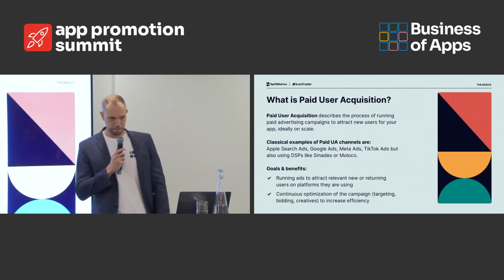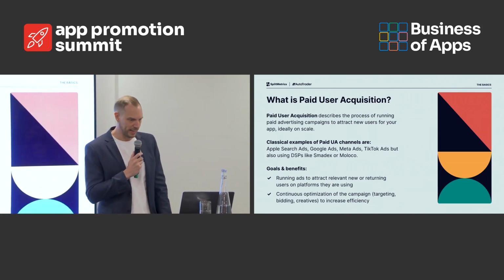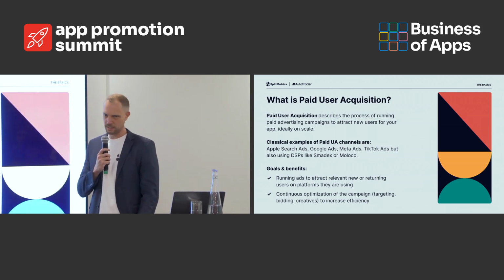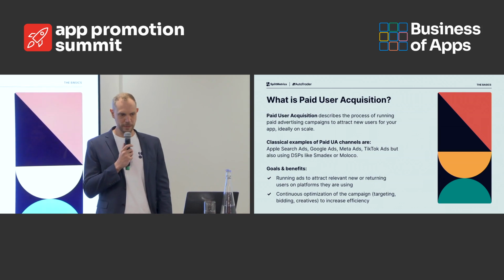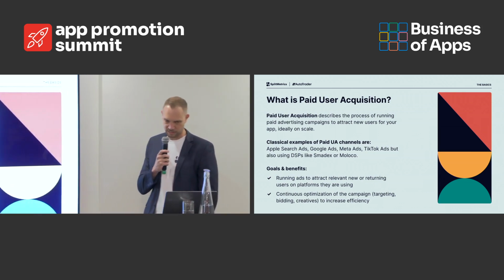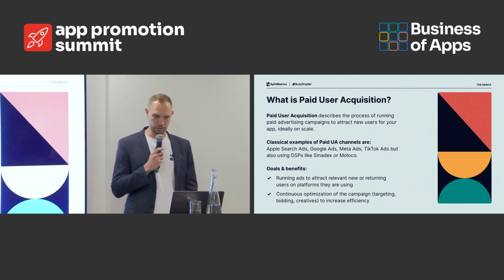When we talk about paid user acquisition, once again, it describes the process of running ads on different channels to attract new users, ideally at scale. Classic examples of paid UA channels are Apple Search Ads, Google Ads, Meta Ads, TikTok Ads, but also DSPs like SmartX or Moloko, for example.